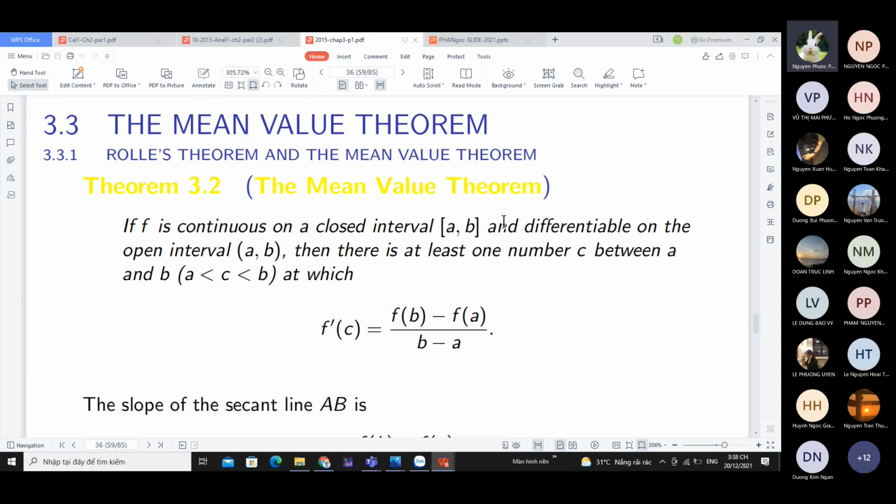So you have two straight lines, and they have the same slope. So what's going on? These straight lines should be parallel.